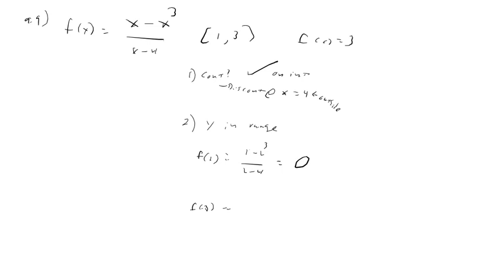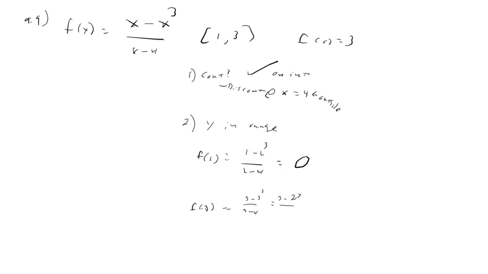Plug in a 3, I get 3 minus 3 cubed over 3 minus 4. That's going to be 3 minus, what was 3 cubed? Who remembers? Perfect cubes. This one they will ask you to do on your own. 3 cubed, 27, thank you.